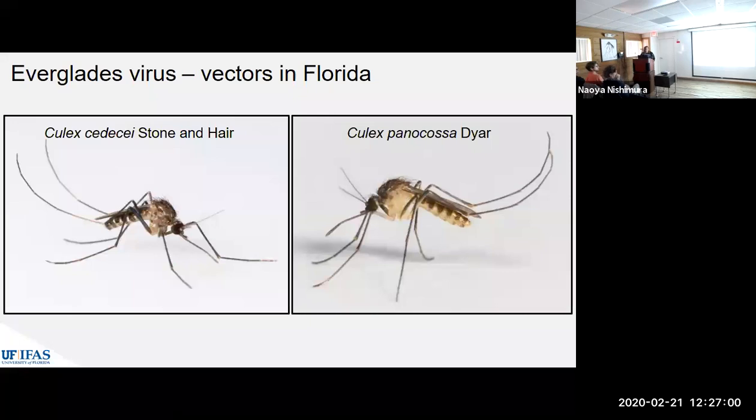It's native to Panama, the Canal area, and it is a competent vector of Venezuelan equine encephalitis subtype 1D, but we don't know yet if it is competent for Everglades virus, though it probably is because subtype 1D is very closely related to Everglades virus.